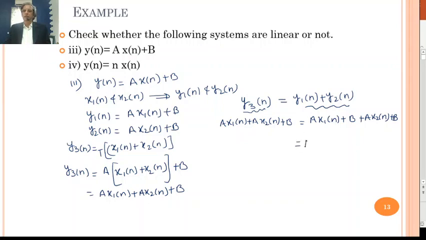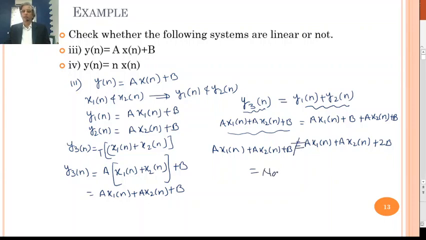Means this becomes a x1(n) plus a x2(n) plus 2b, and in the left hand side this is b. Means both sides are not equal, hence the given system is the non-linear system.